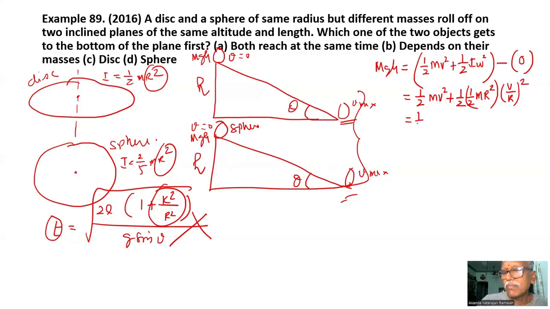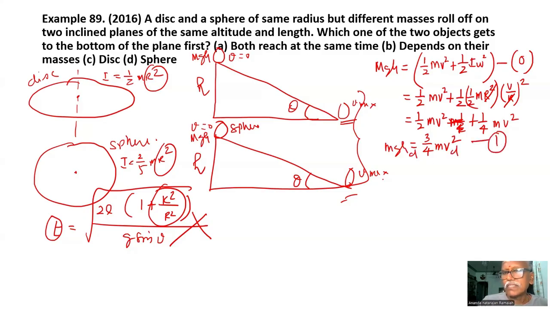So 1 by 2 m v square plus 1 by 4 m v square, with r square getting cancelled, equals 3 by 4 m v square equals mgh. This is for disk.